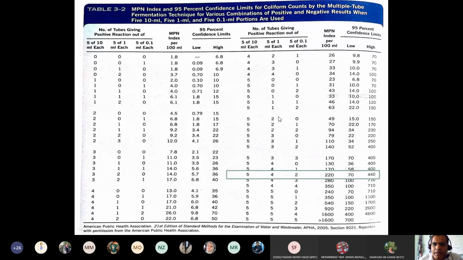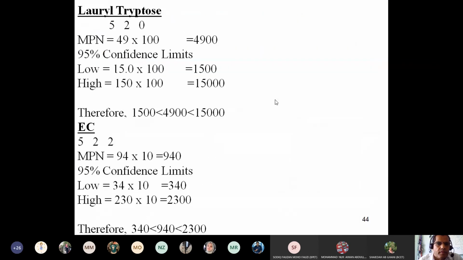But I need to multiply by the dilution factor. Okay. So here 49 multiplied by 100, not 10 here but 100, because I take from 5. Here also I need to multiply this 5. I will take 522.